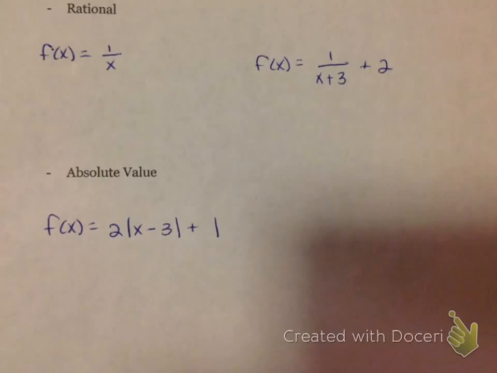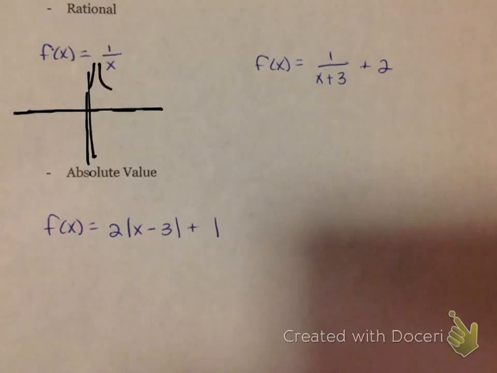Next type of graph, we have our rational graphs. So first I just have the most basic 1 over x, which has the x-axis as the asymptote and the y-axis as my asymptote.